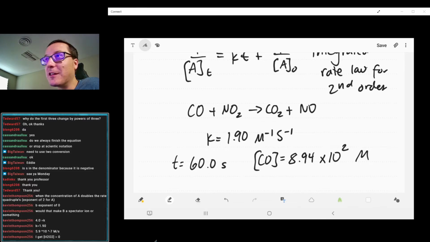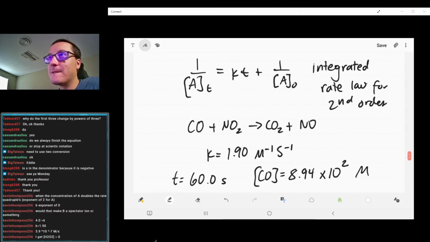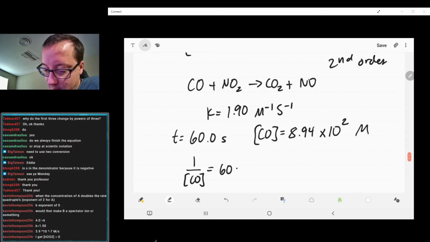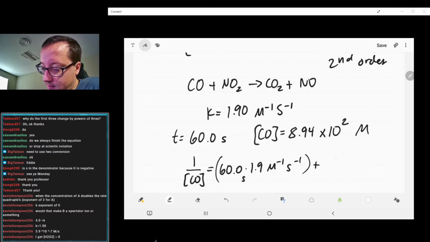So here we go. 1 over our concentration is equal to 60.0 times 1.9 per molar per second. This is, of course, seconds. Plus 1 over 8.94 times 10 to the second power.